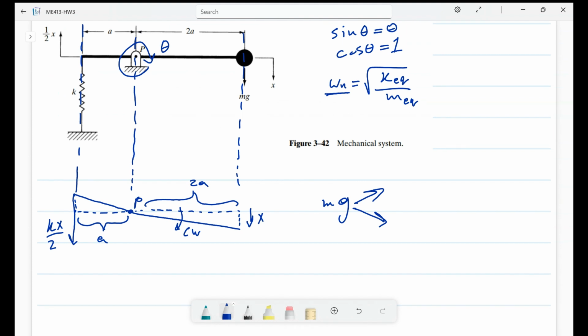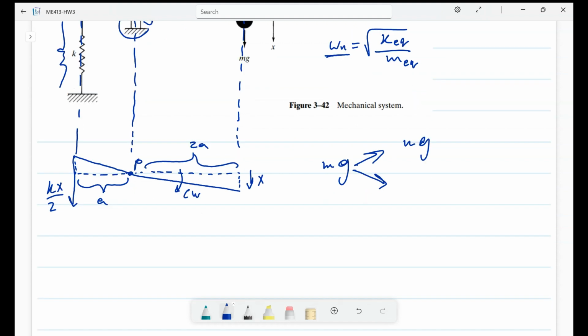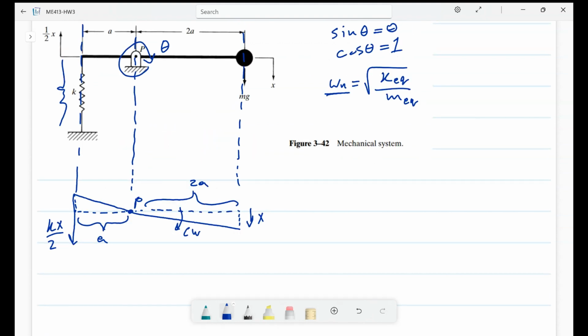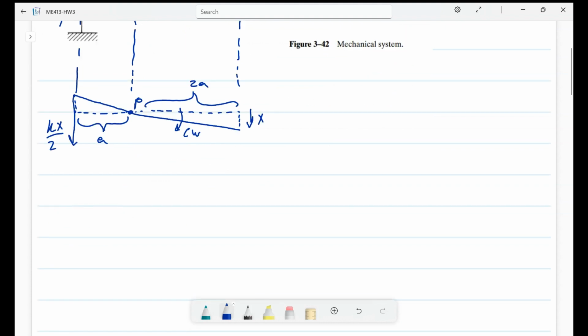But if I remove the weight, the spring will come back to its original position, right? So if that happens, you don't need to consider your weight mg. But if you remove the weight and nothing changes, then you need to consider that weight. So here in our scenario, if we remove the weight, the spring will come back to its original position. So the conclusion is that we don't need to consider the weight.